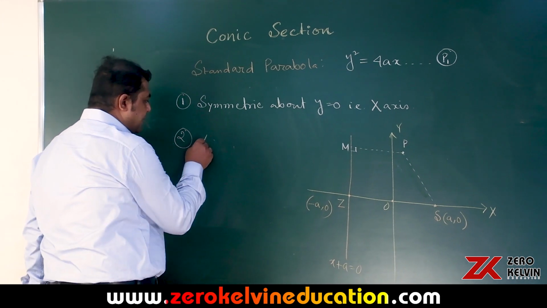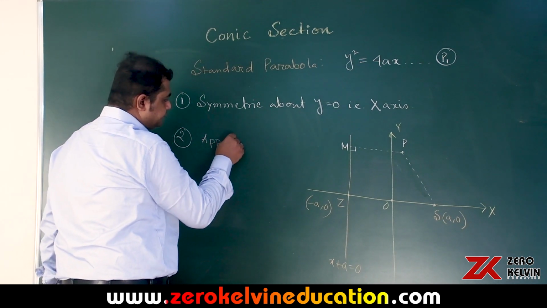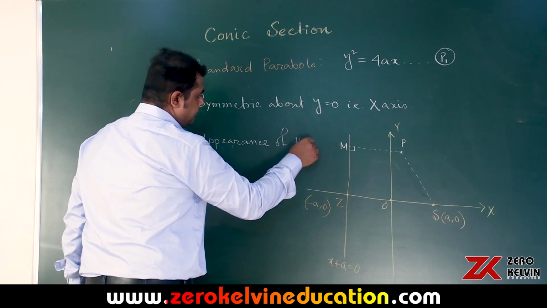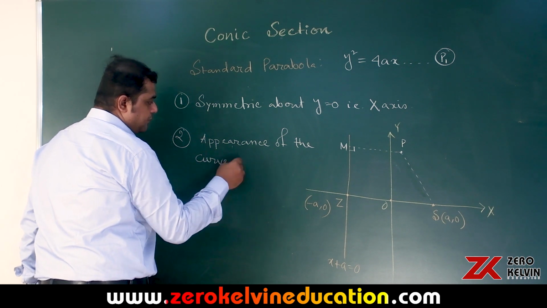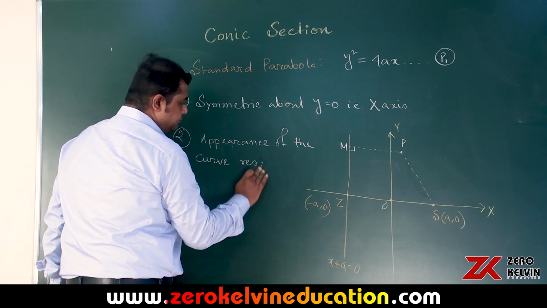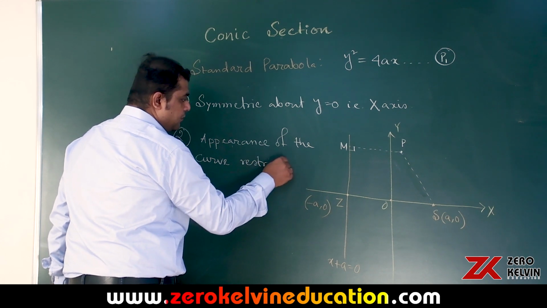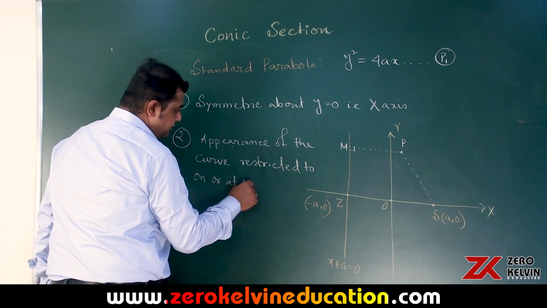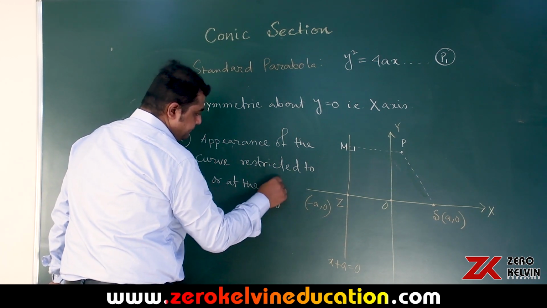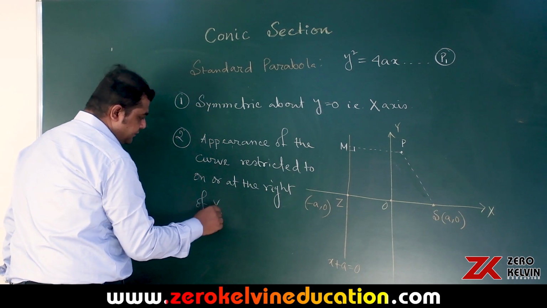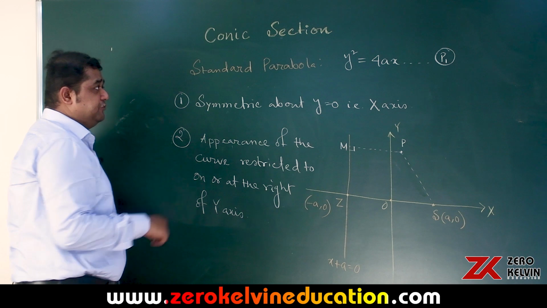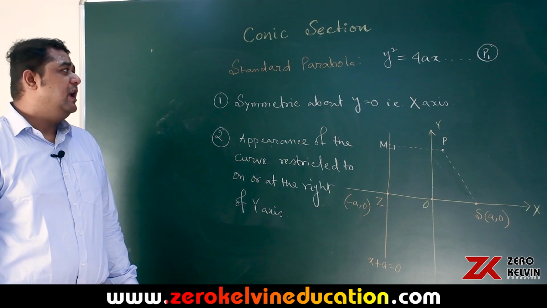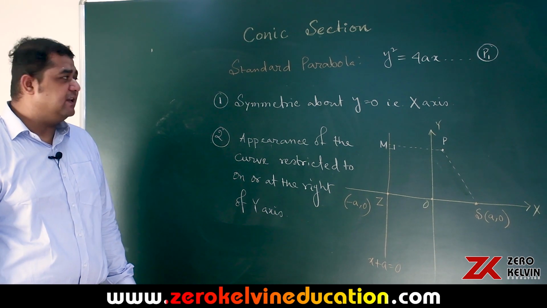That confirms appearance of the curve restricted to on or at the right of y axis. As the condition we have got, x is non-negative, that is x equals to 0 gives us y axis, and x greater than 0 on the right side of y axis.